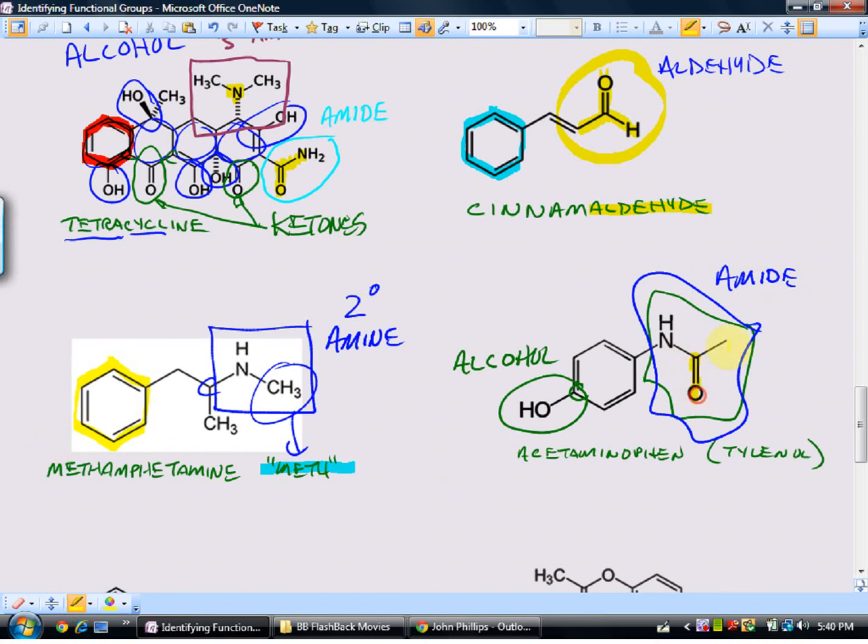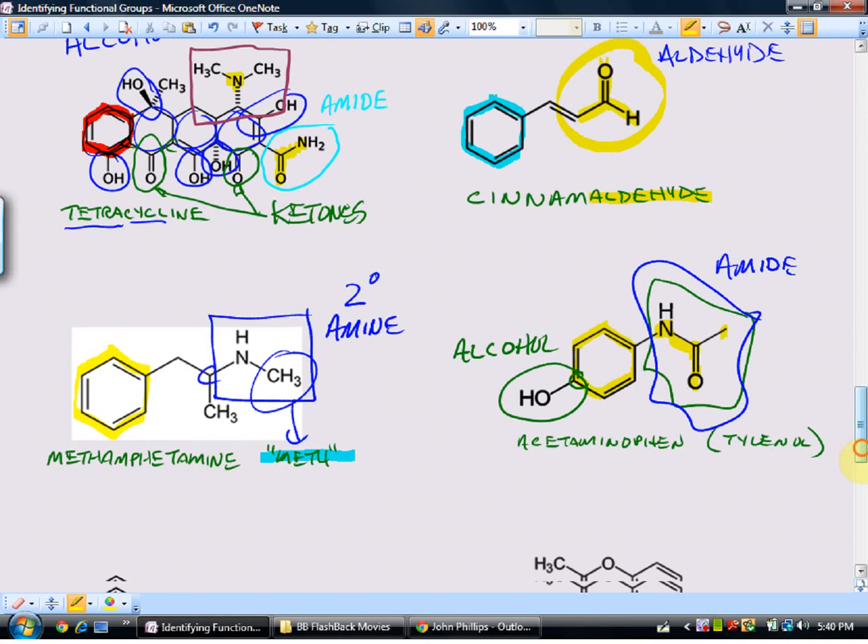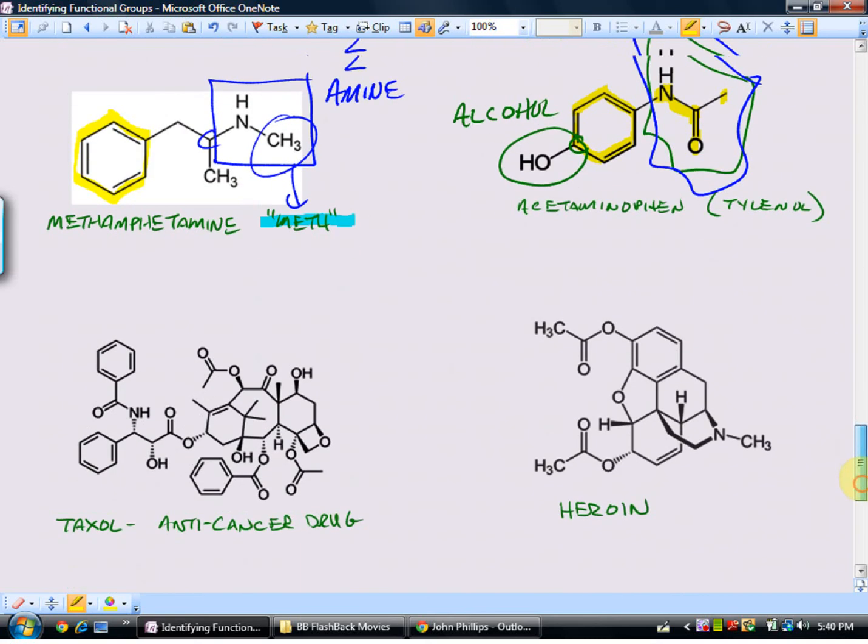Carbon connected to oxygen, connected to a carbon, connected to a nitrogen. There's my amide. And then, of course, finally, another example of that very stable and ever-present C6 ring, the benzene ring.